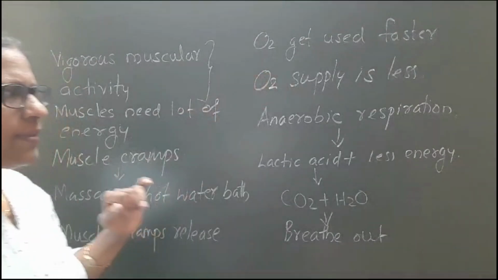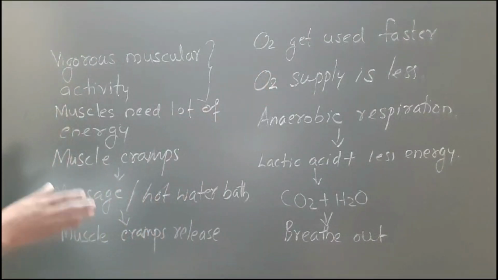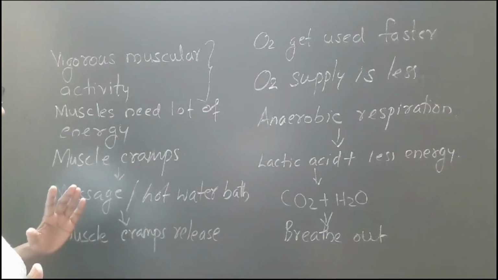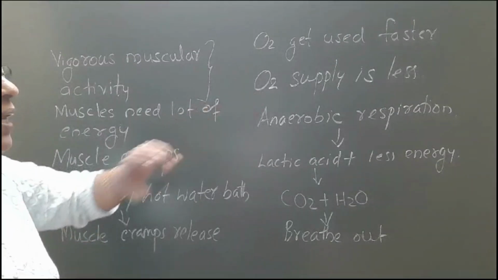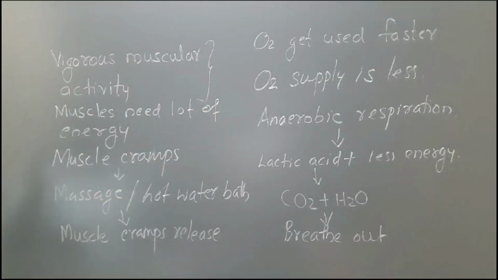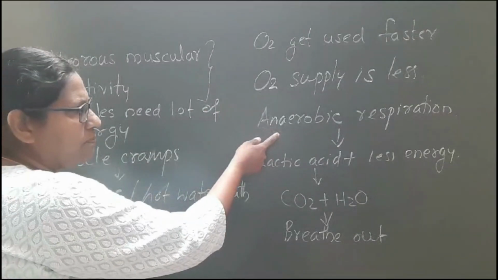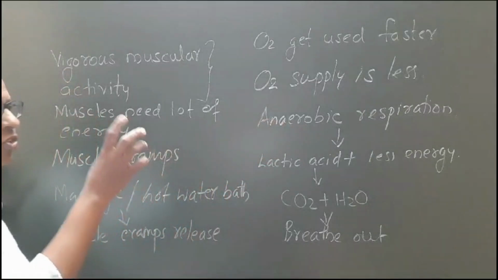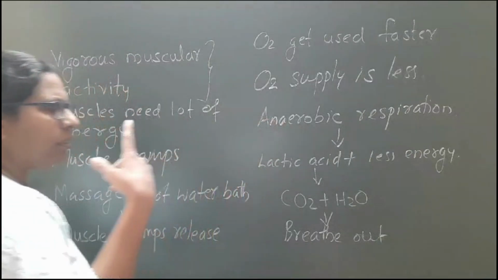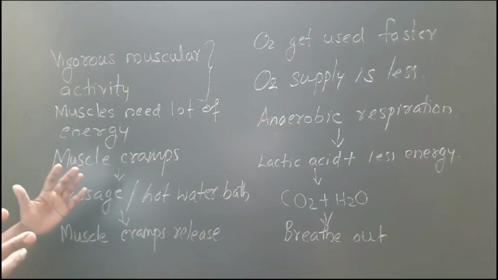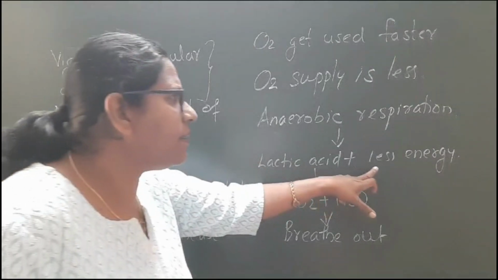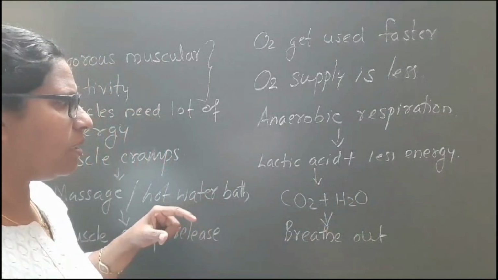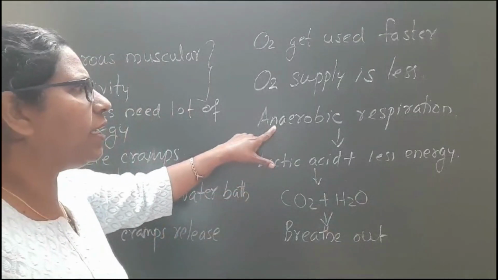Oxygen supply is less in the body. But the cells need energy, and glucose is already present in the cells. Due to the low supply of oxygen, they cannot do aerobic respiration, so cells have to do anaerobic respiration. Lactic acid and very little energy are produced.